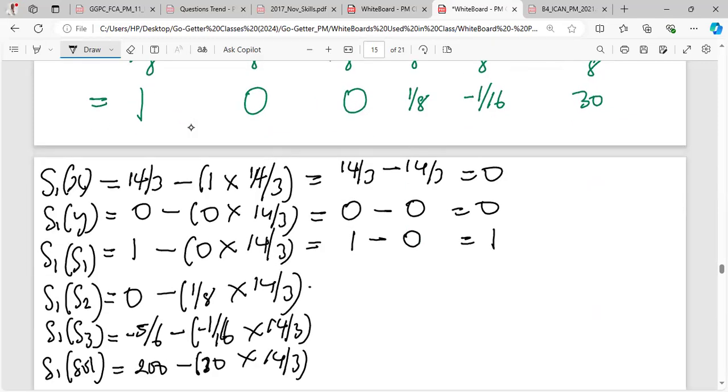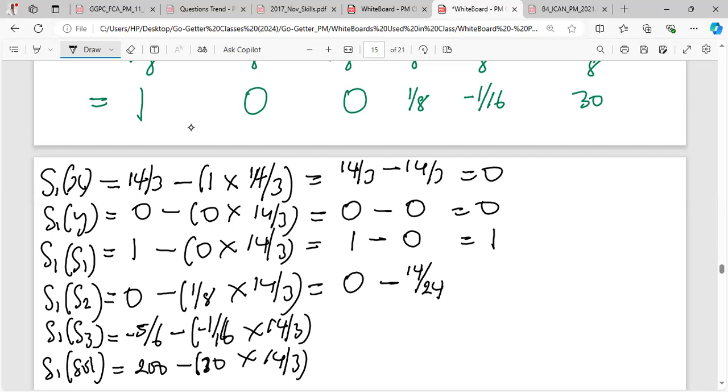Let's come here. This is 0 minus, because minus times plus is minus. This is going to give me 1 times 14 is going to give me 14. 8 times 3 is 24.